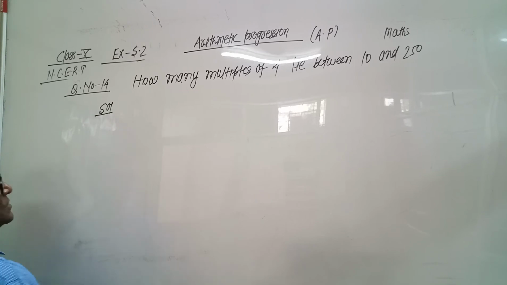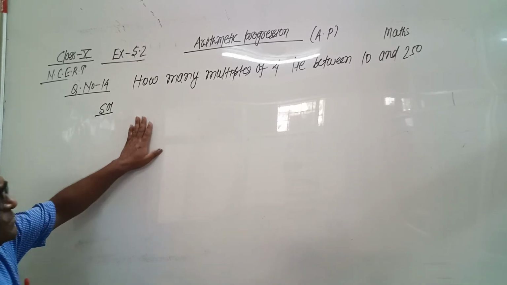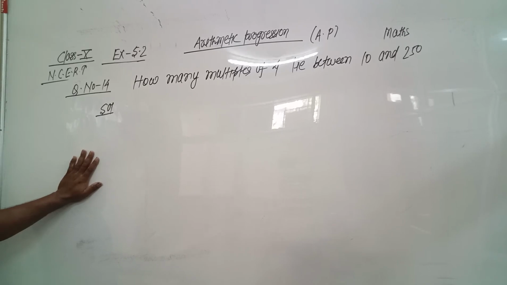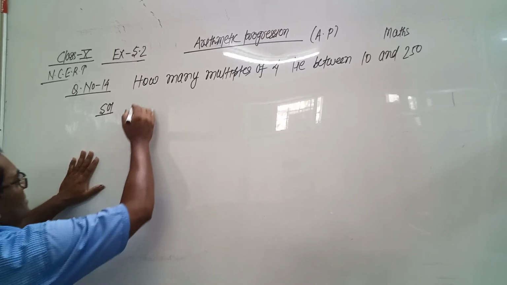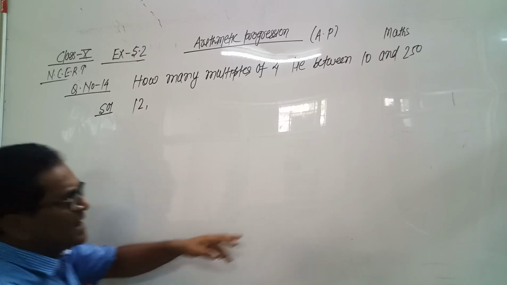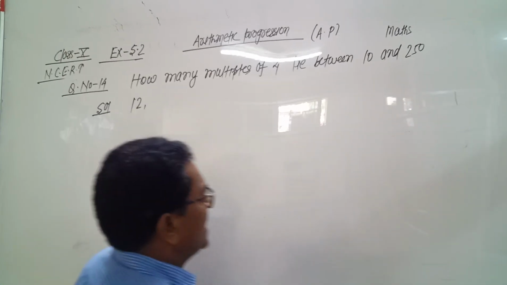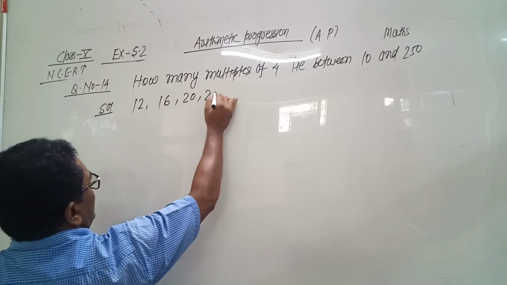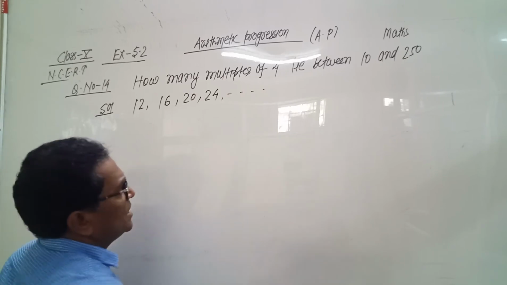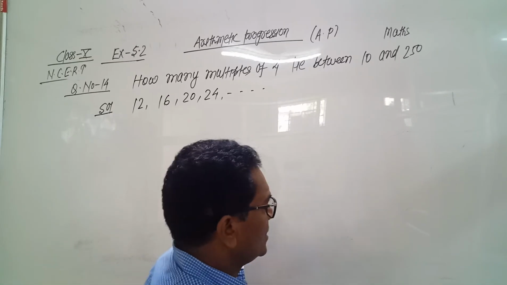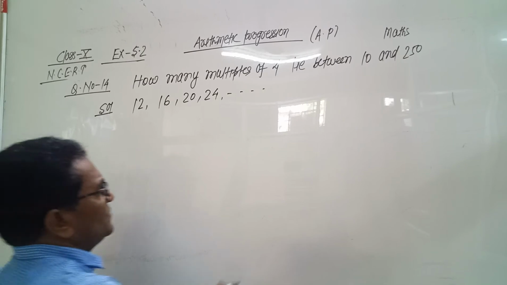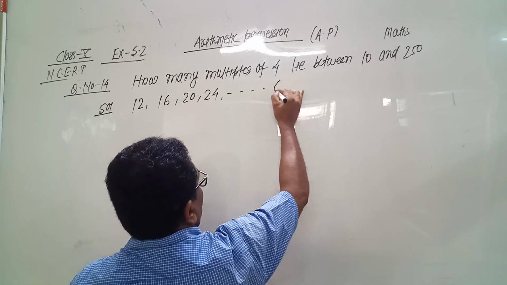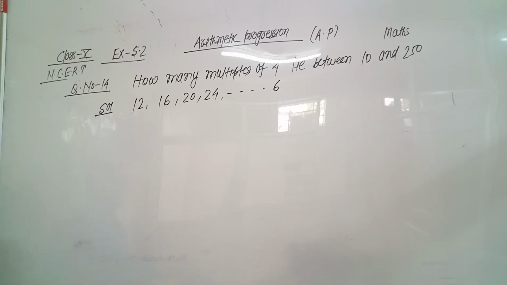So the first term which is a multiple of 4 between 10 and 250 is 12. 12 is a multiple of 4 and it lies between 10 and 250. The next will be 16, 20, 24, and the multiple of 4 just before 250.